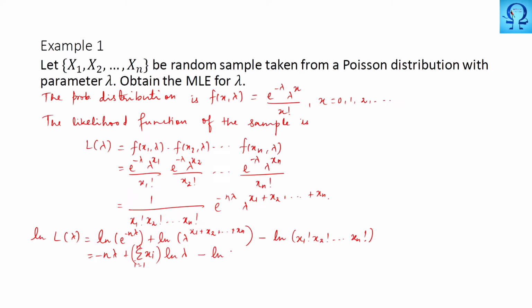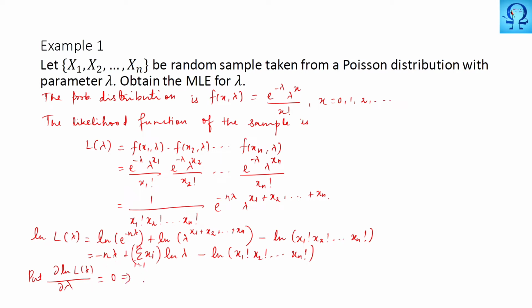Okay, and this is log of x1 factorial, x2 factorial through xn factorial. Now let us try to differentiate this one. That is, we are going to put the derivative of this one with respect to lambda. With respect to the unknown parameter, we need to differentiate and equate this to 0.